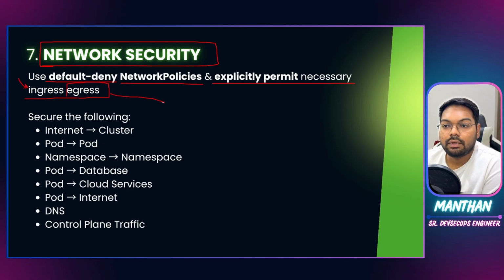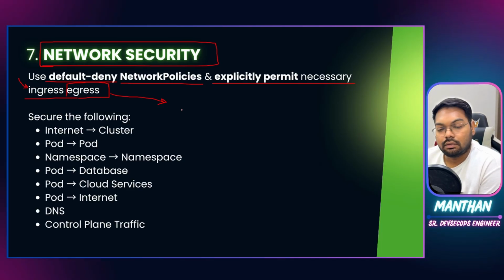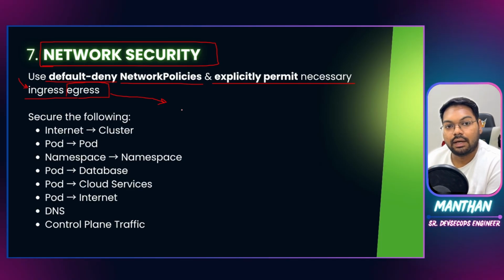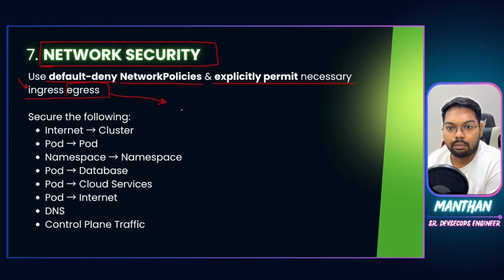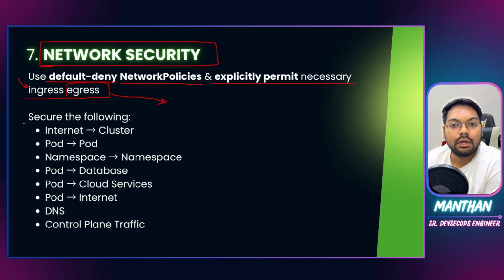So outgoing should be checked, and only allowed for something that is required. Not every pod requires egress traffic, and not every egress or ingress should be given to something that is in private subnets.